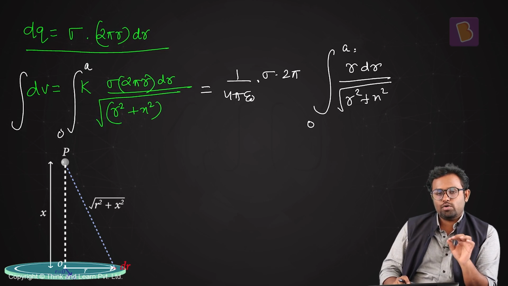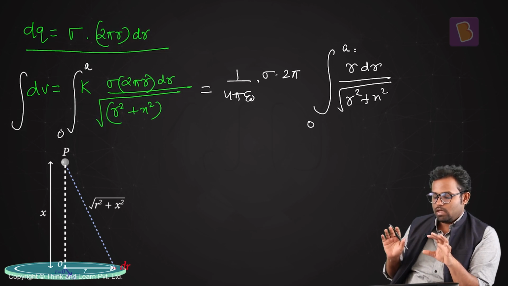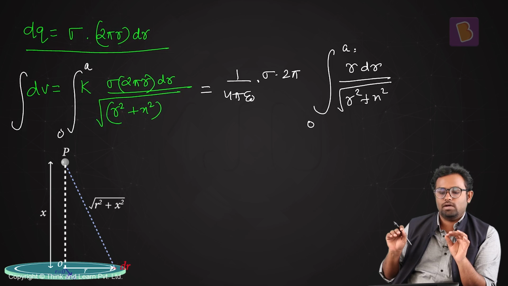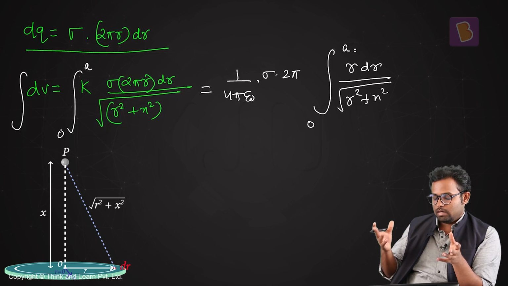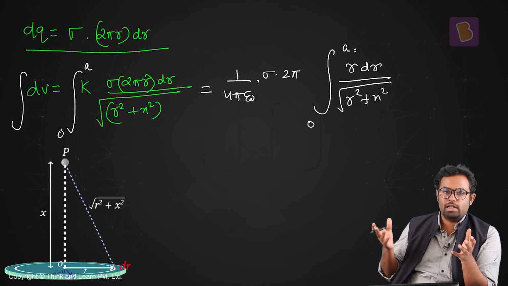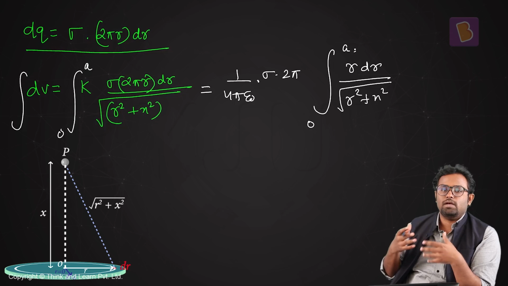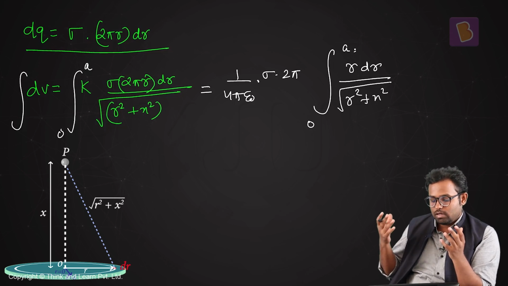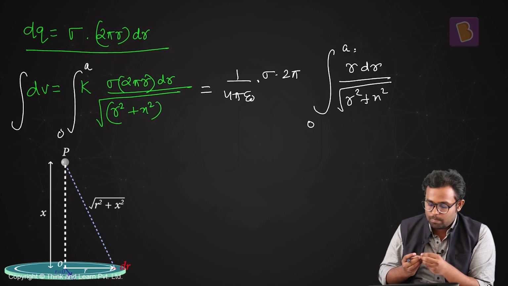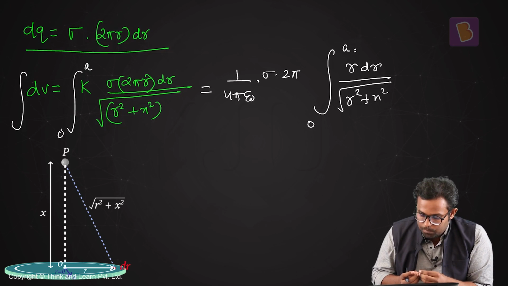Now how am I going to integrate this? See, integration of this is very easy. You can take r square plus x square to be equal to L square or something, and then you can differentiate that, and then you'll have an r term sitting in the numerator. So the integration is not very difficult in this case, right?